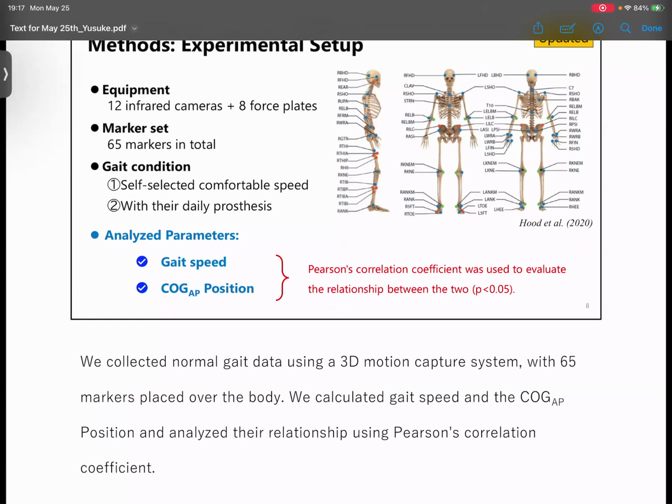We calculated gait speed and the COG sub AP position and analyzed their relationship using Pearson's correlation coefficient. Any questions?